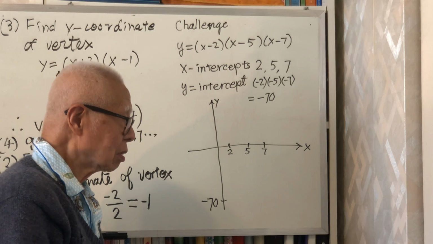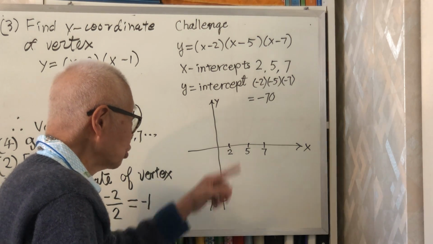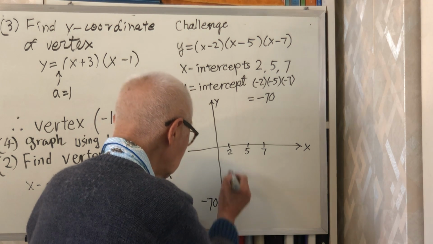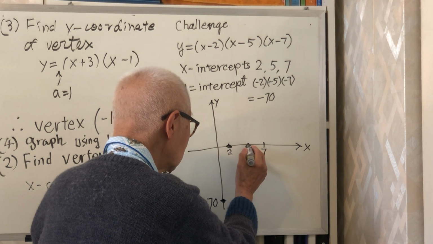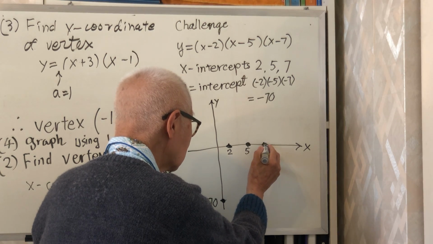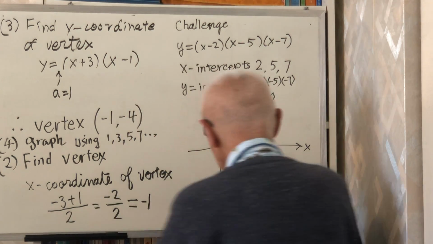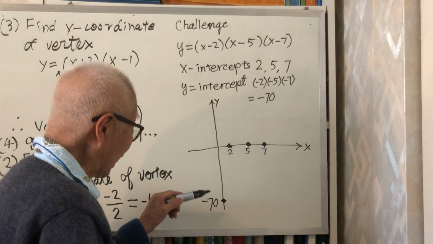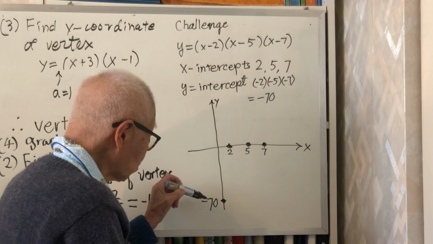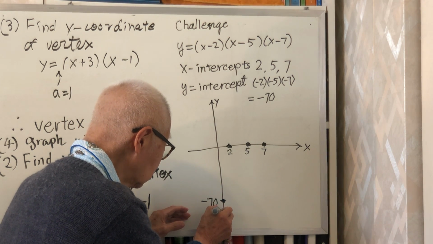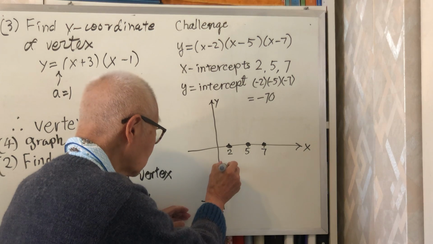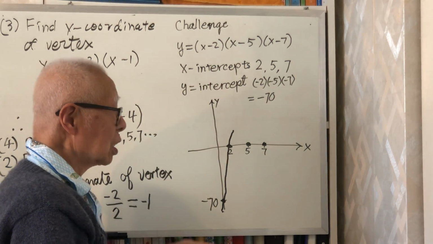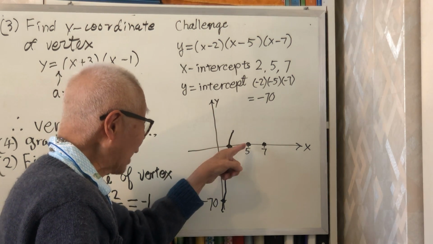How do you do that? You remember, you must pass through these 4 points. So let's start from here. Because you have to pass through this point and this point, your graph looks like something, but you cannot go up indefinitely. It has to pass through this point.